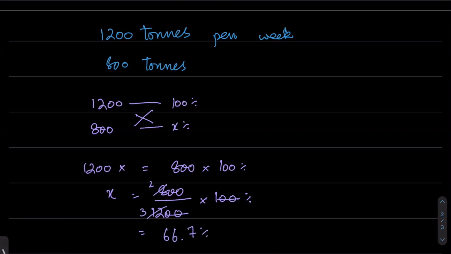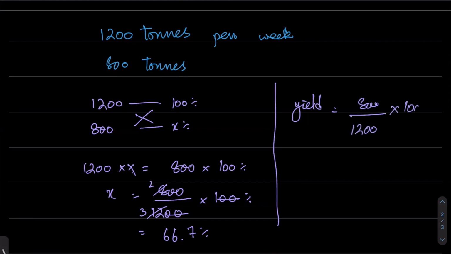Okay, that's what you get. कि इतने परसेंट वो प्रोड्यूस होगा, बाकी नहीं होगा. Okay, another way of doing this, you just apply the formula. The yield is going to be 800 over 1200 times 100%. तो जो भी 66.7%. That's the yield that you have.